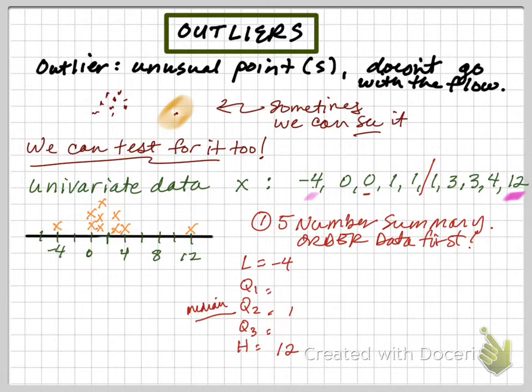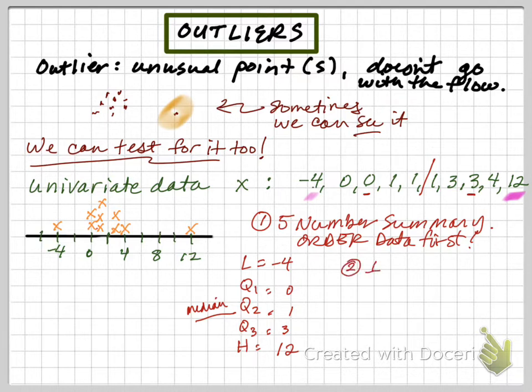And so this time I actually fall on the left side on 0 because I have 5 values. And then on the right, I'm going to fall on 3. And so I have 0 for Q1 and I have 3 for Q3. And so now I have my 5-number summary. And so 10 values. Sorry, I thought I had 12 values. So I have 10 values here.